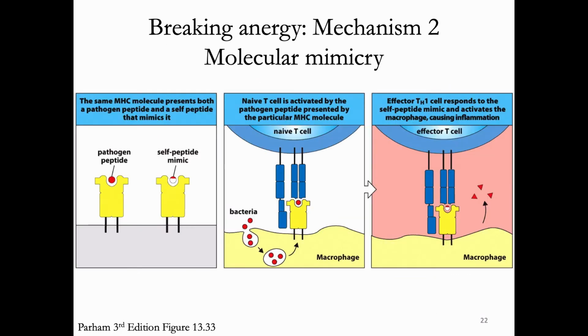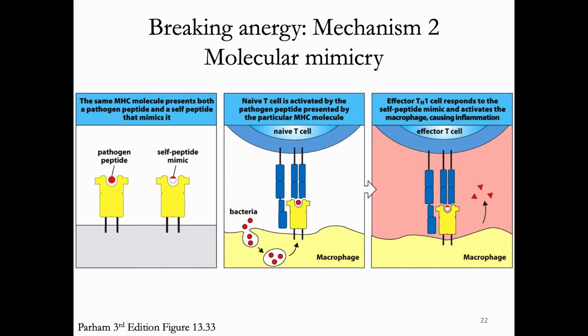The other way that we can break anergy is through a process known as molecular mimicry. And so here you can see an example of molecular mimicry. You can imagine that one MHC molecule might present a couple different peptides. Remember that the T cell does not see the whole combination of the entire peptide.